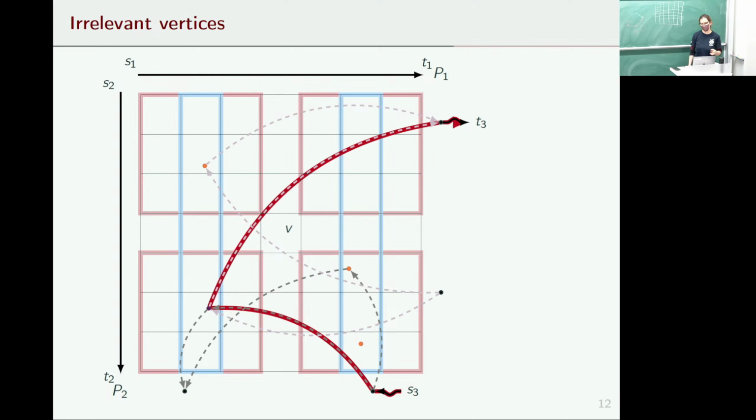So if I choose V from P1 and P2 to destroy P1 and P2, then I'm left over with a path between S3 and T3, which in the technical details of everything we prove to be disjoint.